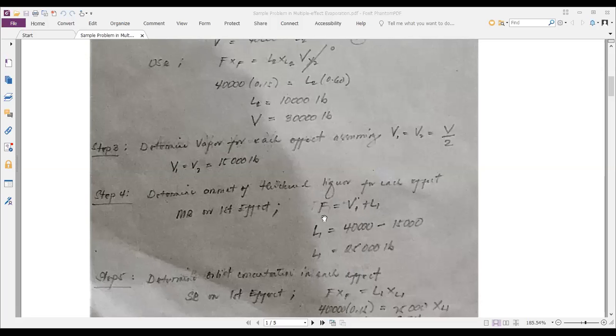So the feed equals the vapor coming from the first effect plus the liquor in that effect. Since I have already this assumption here, I will simply place it in here. So L1 is F minus P1. So my L1 is 25,000 as long as this assumption is acceptable.